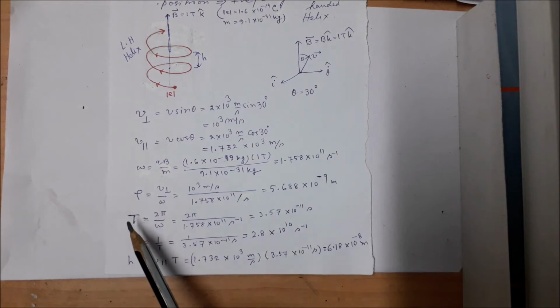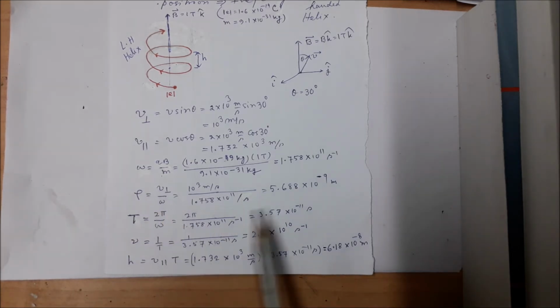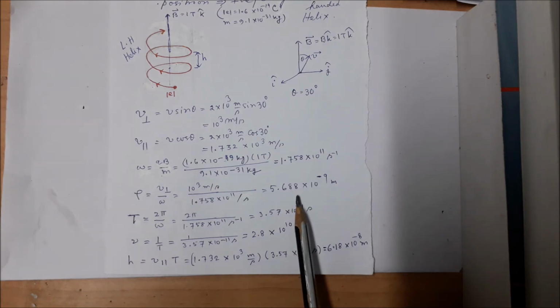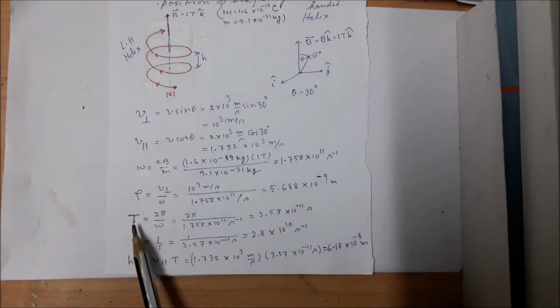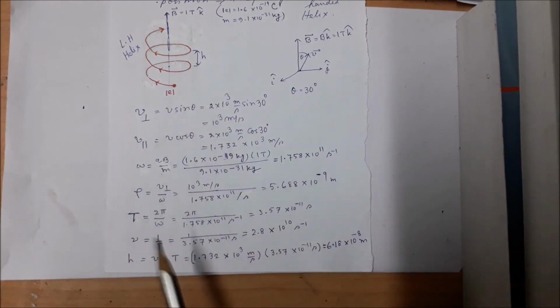The radius of the helix is v perpendicular by omega, which turns out to be of this value, and the time period of rotation is here. The frequency, linear frequency, is this one, and pitch is given by v parallel into T, or the longitudinal velocity times the time period, which turns out to be of this value.